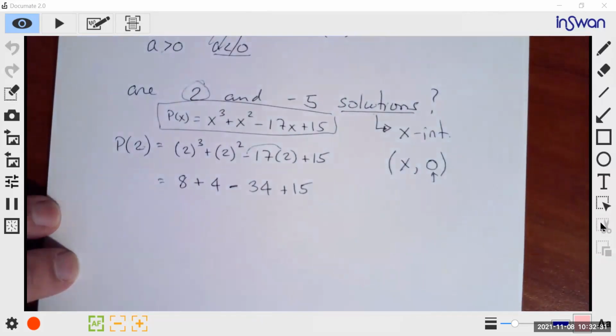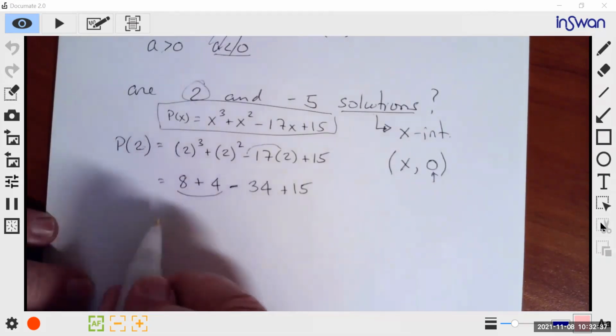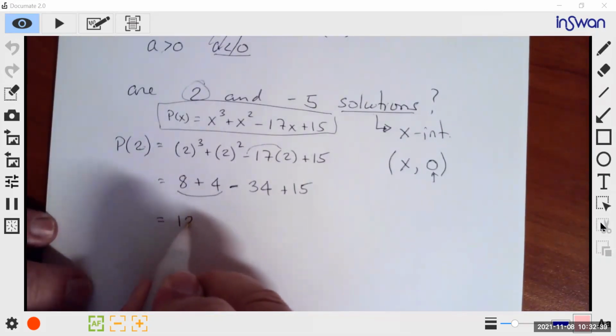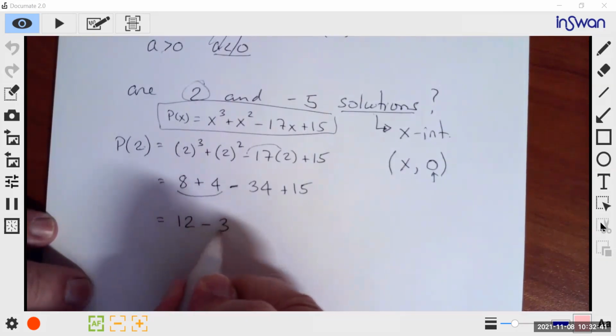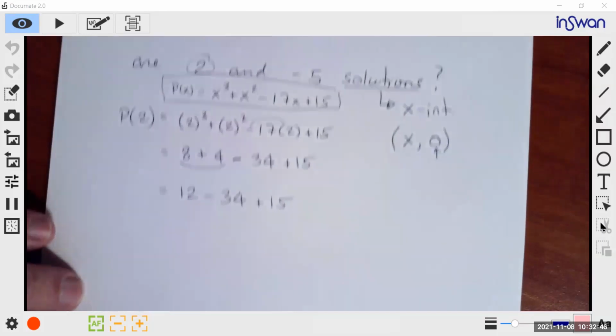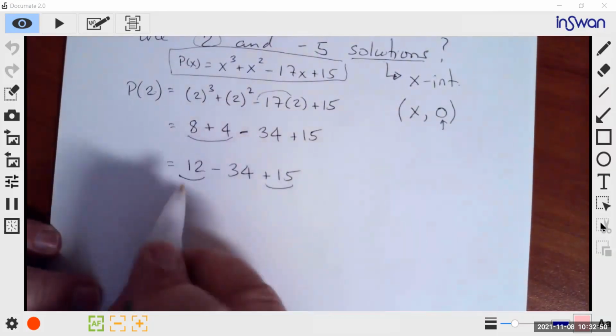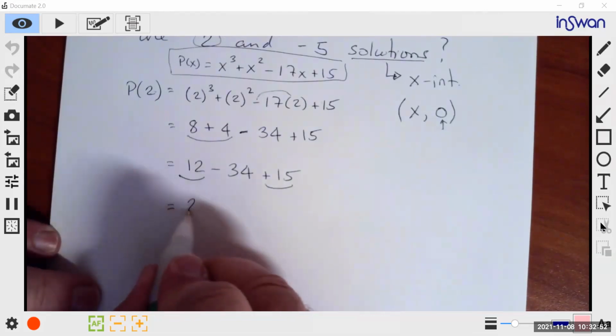Plus 15. Eight plus 4 is 12. 12 plus 15, they're both positive, so it's 27.